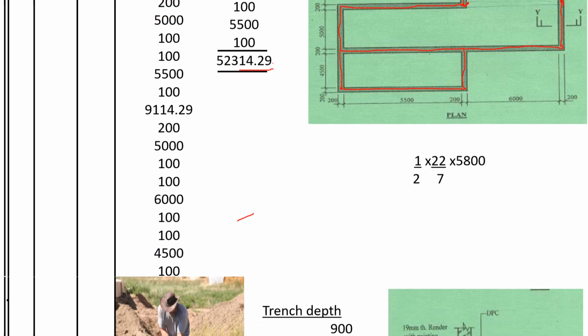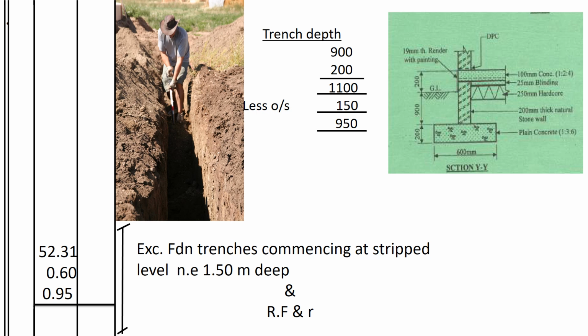So we are excavating the depth of the foundation trenches. What will be the depth of the trench? We shall excavate from the ground level here. We can see that from the ground level the height of the wall is 900. This 900 is here. Then we add 200 for the vibrated reinforced concrete. 900 plus 200 shall be 1100.